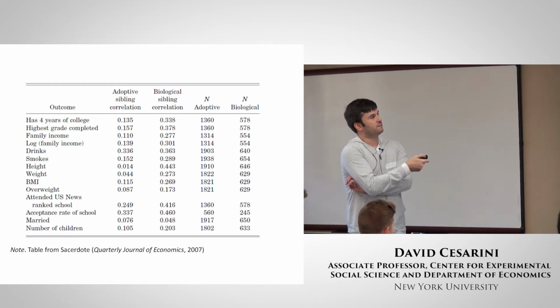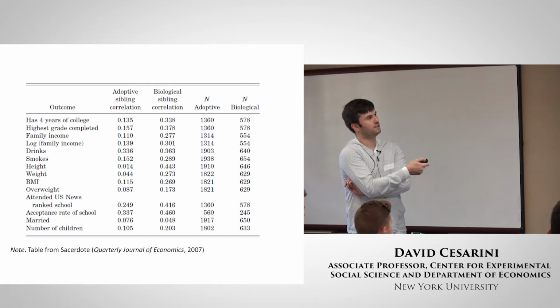And then from that, we can figure out how much of the resemblance between two siblings is due to shared environmental factors. To do that, we would just subtract this number from that number. So of the sibling correlation of 0.34, about 0.14 is explained by shared home environment, shared environmental effects, and the rest is due to shared genes.